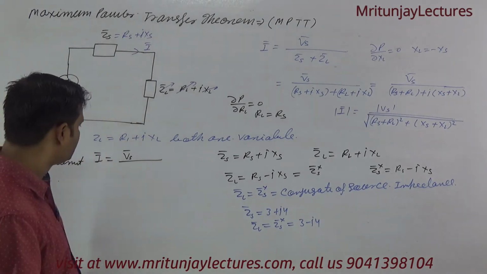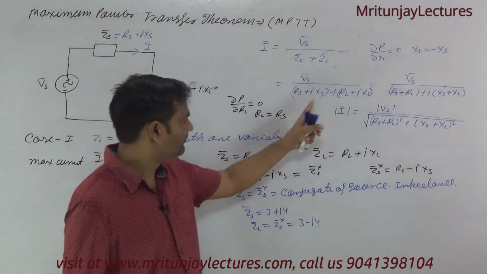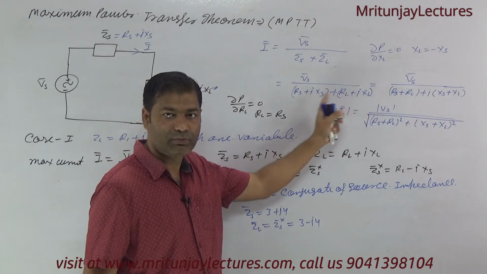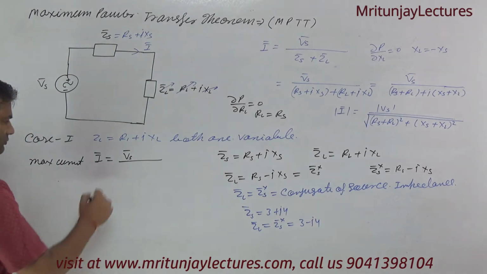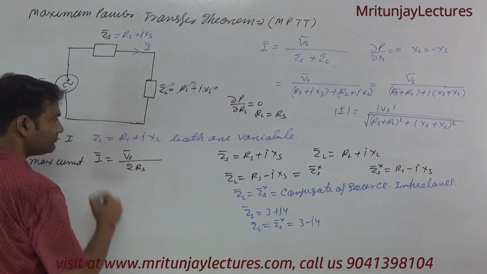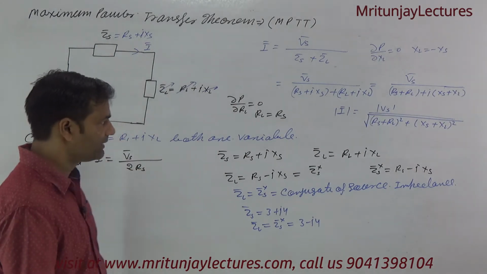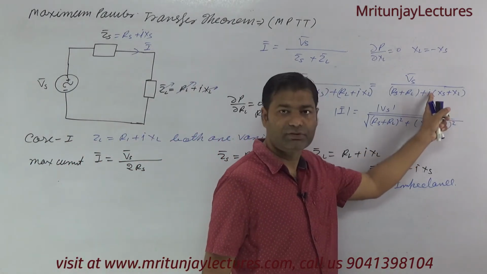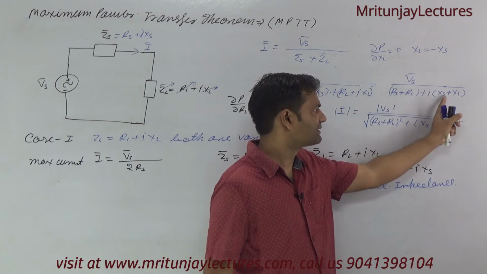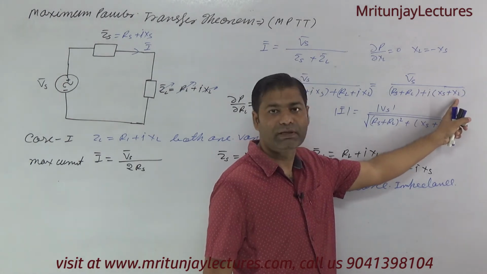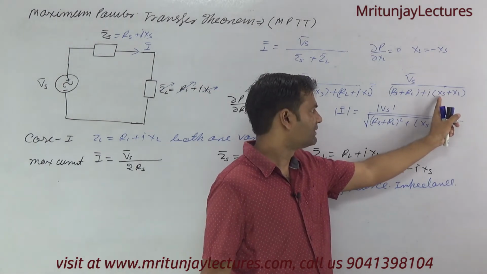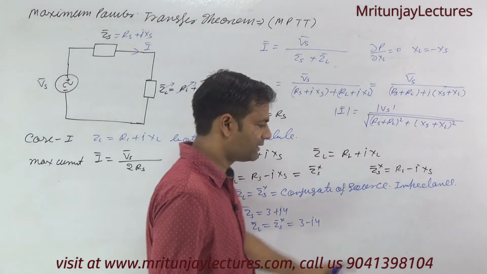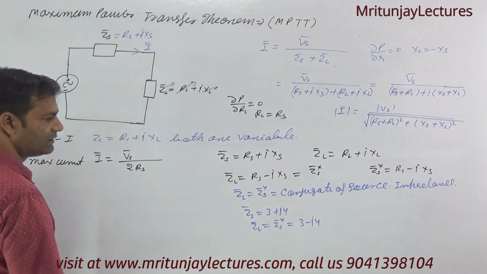Put here; this one and this one are cancelled out, only 2 RS remains. Because RL is equal to RS, and this one is 0 because XL is equal to minus XS, that's why it is 0, and RL is equal to RS. So that is 2 RS.